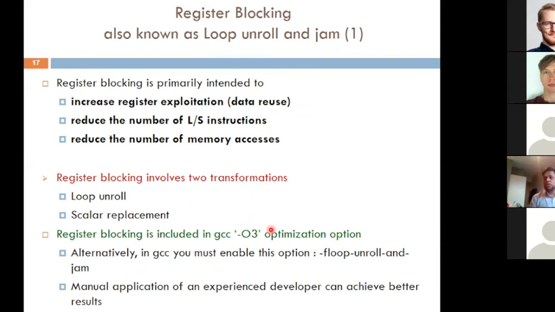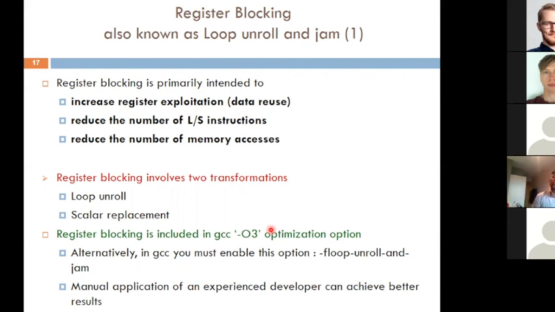It also reduces load and store instructions, which is very effective for boosting performance, and it also reduces memory accesses. This is another optimization technique, but it's very, very effective.